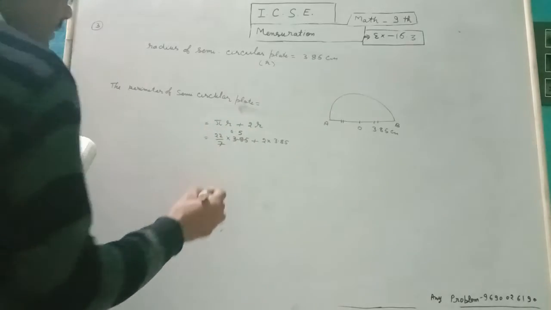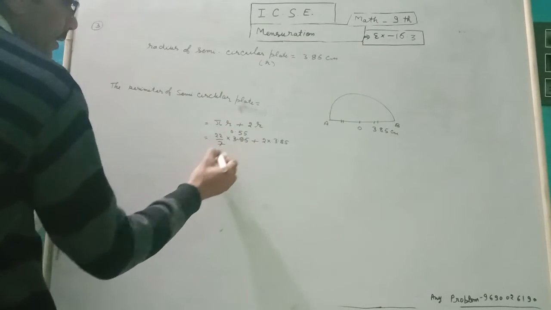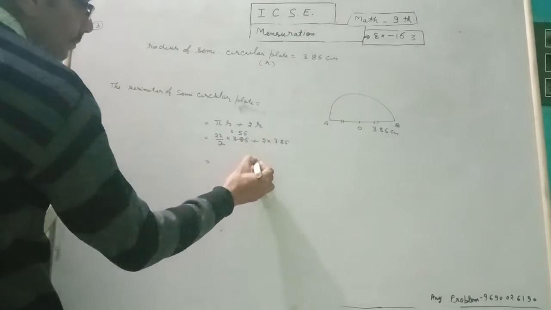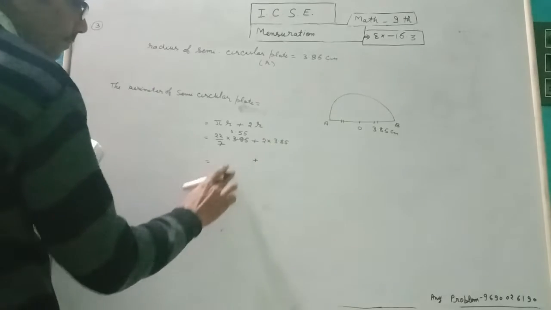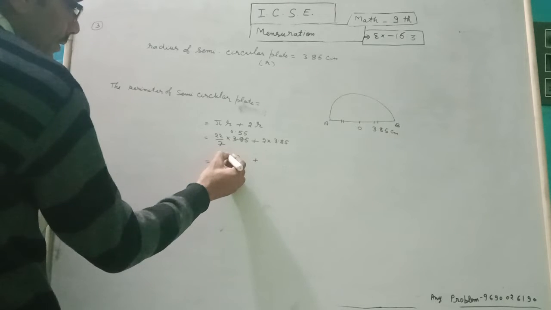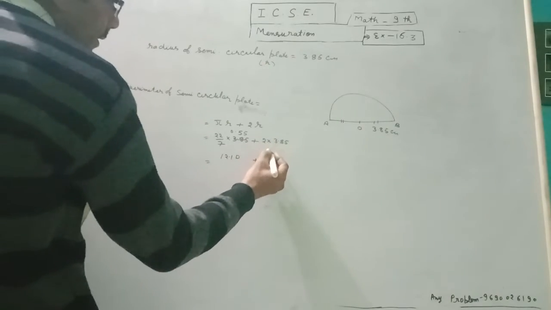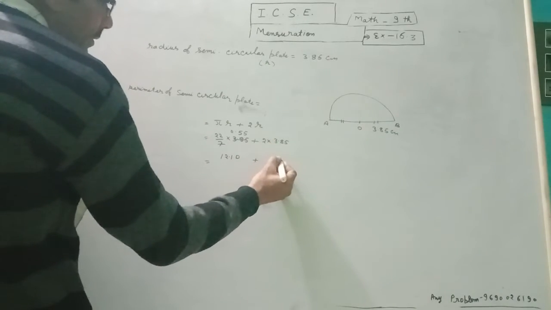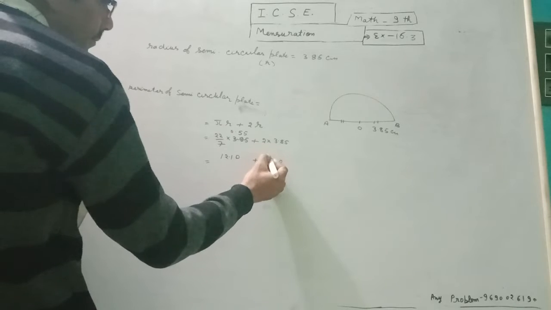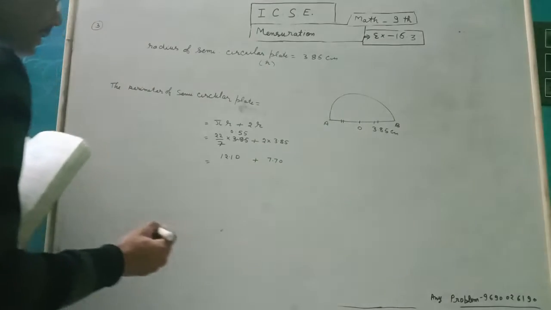7 times 385, 7 fives are 35 and 5. After multiplying, 110 11, 12.10. 2 fives are 10, 7.70.